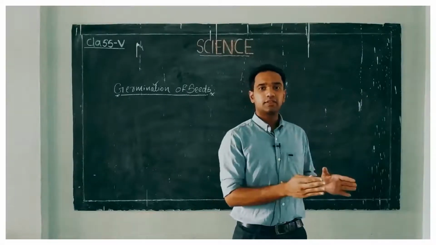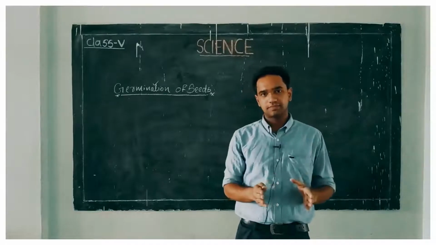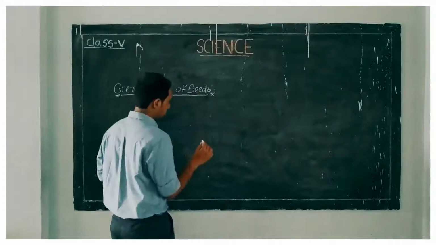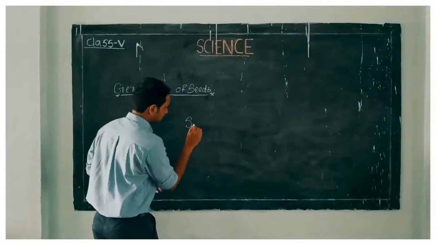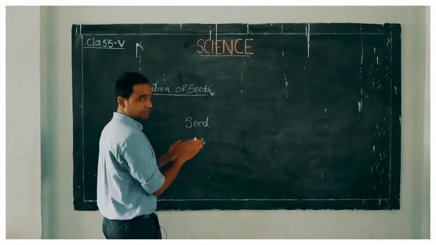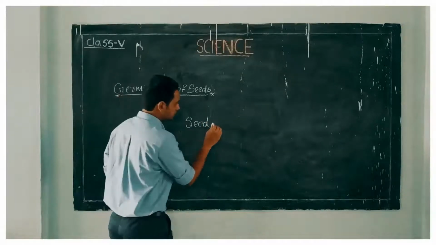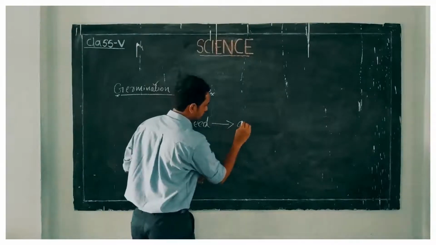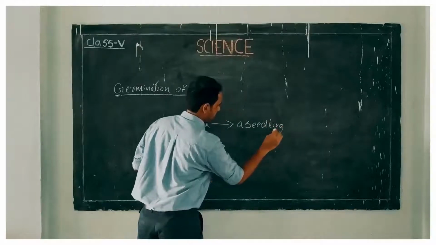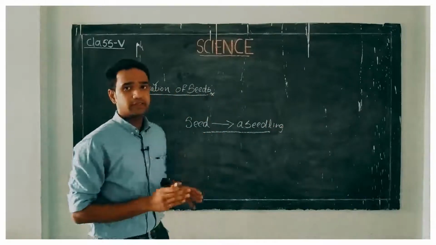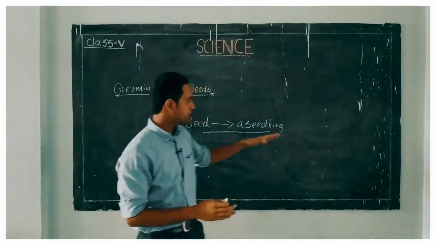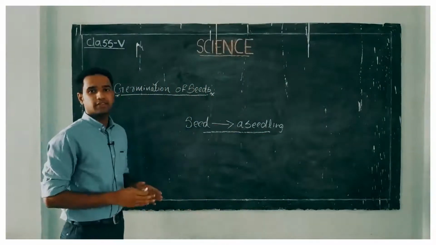Once again, the process of development of what? Seed. Into what? A seedling. The process of development of a seed into a seedling is known as germination.